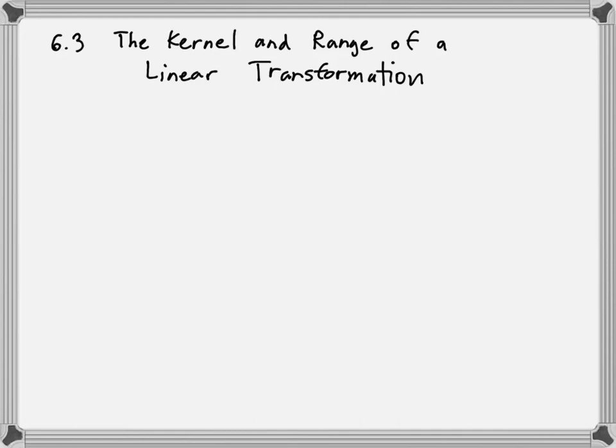Let's start the discussion with having a linear transformation. So, definition: let T, which goes from V to W, be a linear transformation. We have two sets that we can naturally define from this.